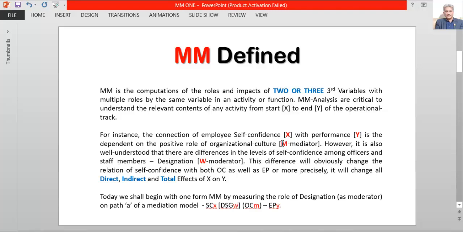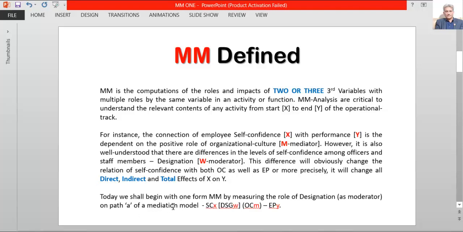So, in this case, we can see that the mediation process is moderated by another third variable, and it will become the fourth variable in this model, in the effect of X on Y. Designation, or this difference, will obviously change the relation of self-confidence with both organizational culture and employee performance, or more precisely, it will change all direct, indirect, and total effects of X on Y.